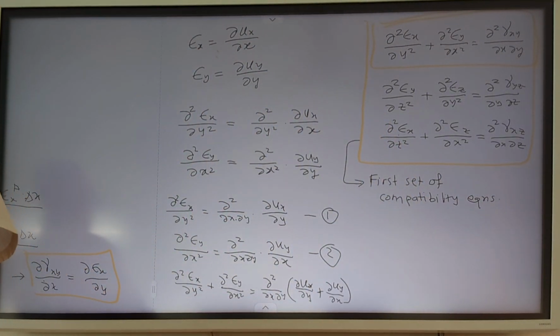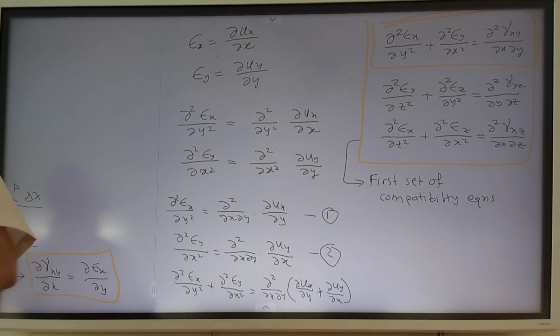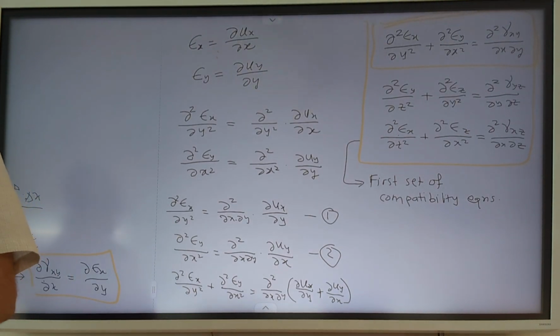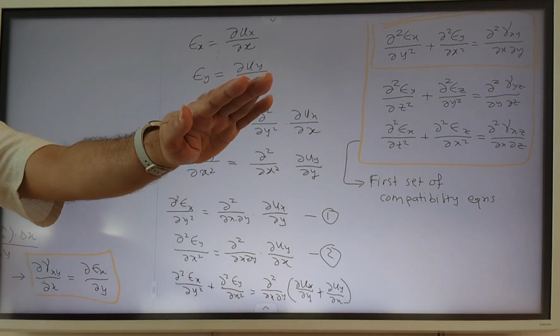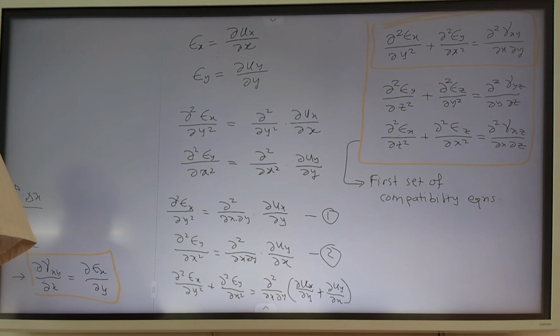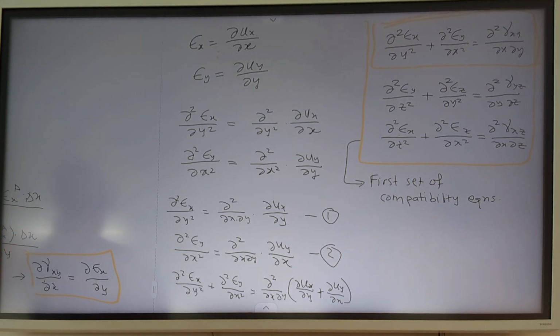Compatibility means in order to have a continuous displacement field. If you have a body which doesn't have any cracks or voids, then whatever loads you apply, you get a continuous deformation field. If I stand on this table, unless it is cracked, I will get a smooth displacement profile. If you have some crack in this table, at the crack you will have discontinuity.